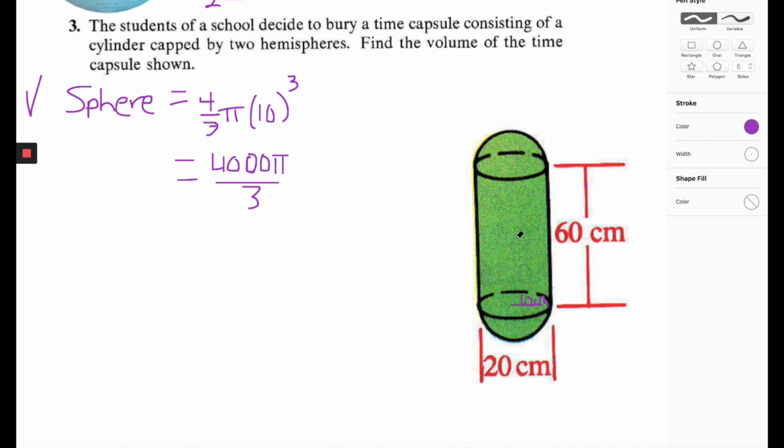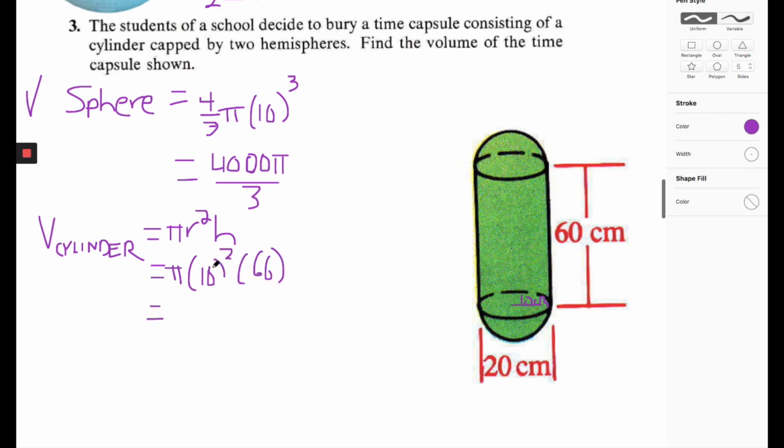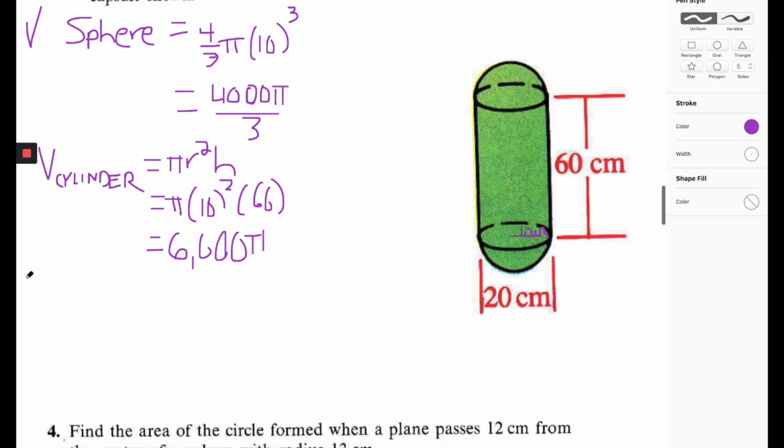So now we just need to get the cylinder. It would have the same radius, and we know the height, so this should be easy enough. So 60 times 100 is going to be 6,000. So the volume of the capsule is going to be the sum of those 1, 2, 3 regions. And 6,000 pi, I'm going to make that over 3.